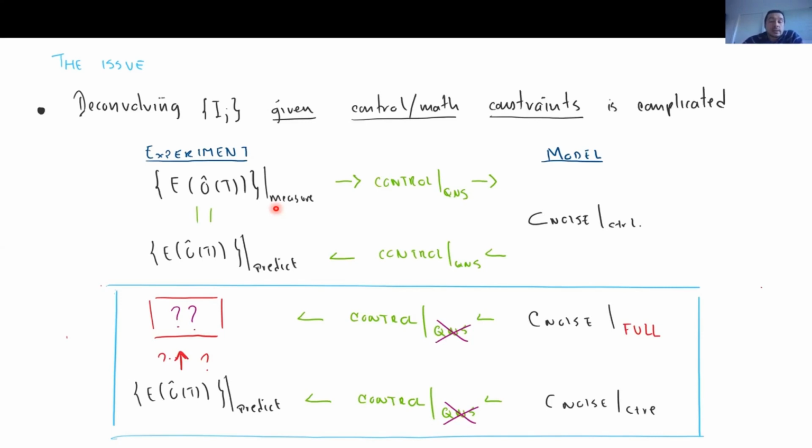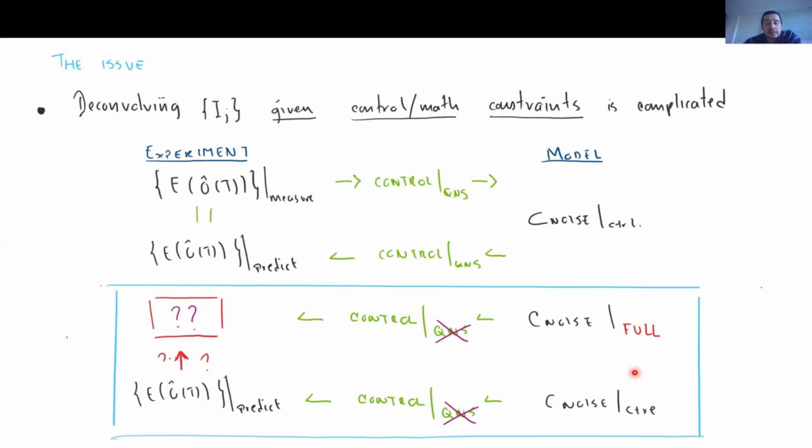Because in principle your noise has a full characterization, all your bath correlators. And if you knew all of this, and you put in your switching functions corresponding to an arbitrary control that you applied, you would get some expectation value.